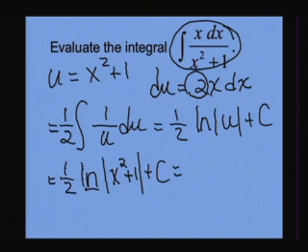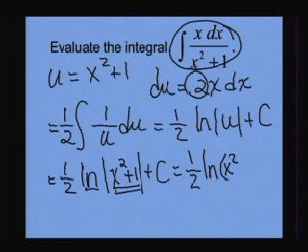However, notice x squared plus 1 is always a positive number. So we can simplify this and give our answer as 1/2 the natural log of x squared plus 1 plus our c, and eliminate the need for the absolute value.